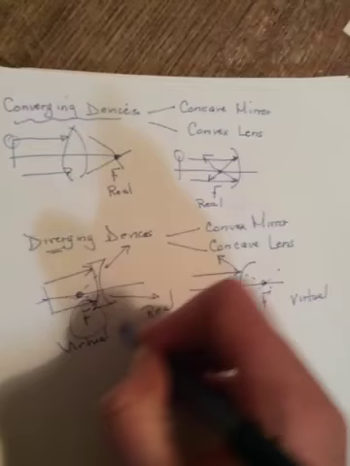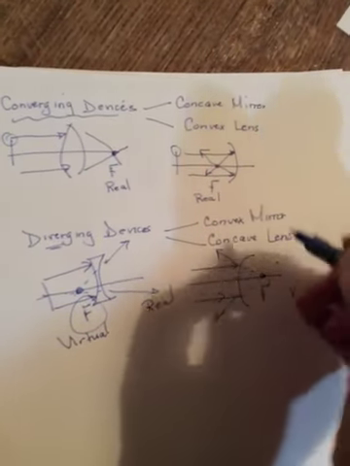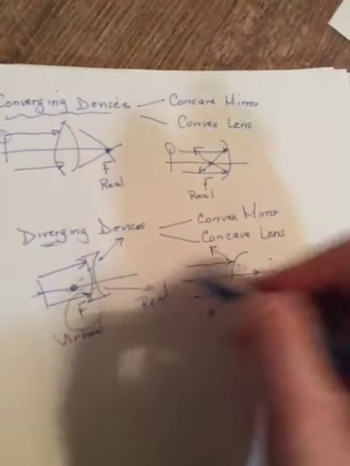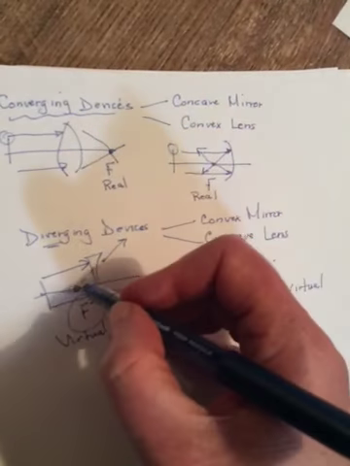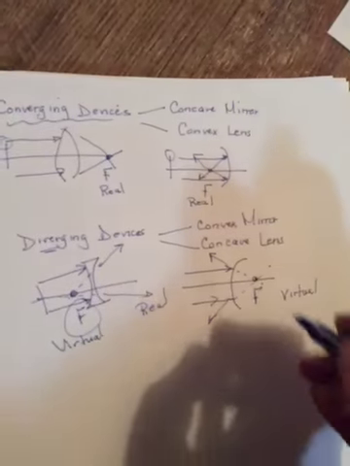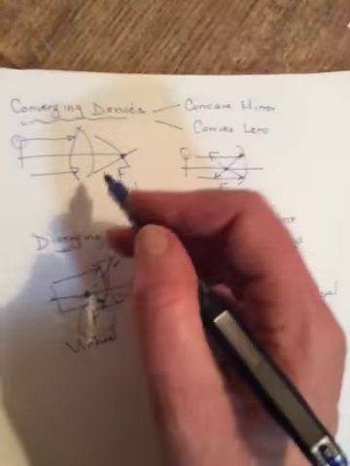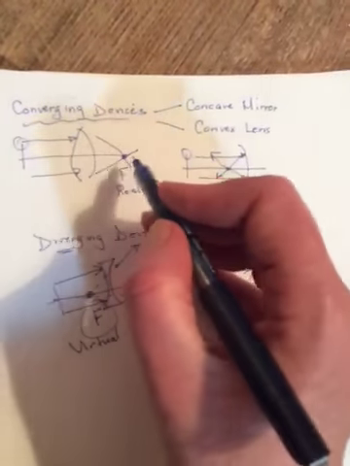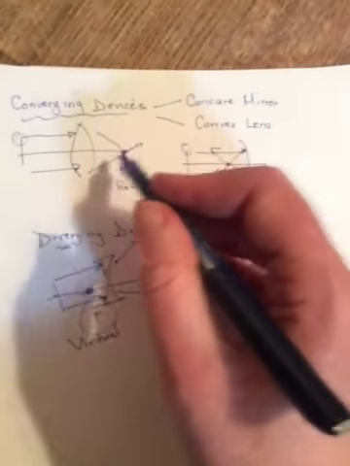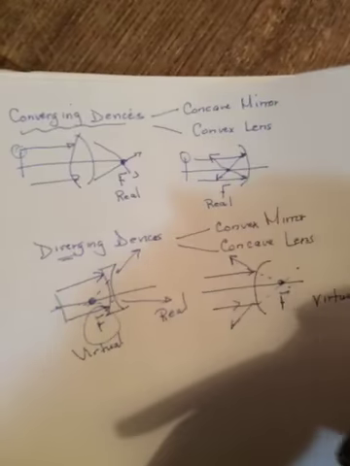So the F for convex mirrors and concave lenses is always negative. With diverging devices, you have to follow the refracted or reflected rays back to see where they're going to cross, and they'll cross at F. The dotted lines mean I'm following them back; they're not really there. Whereas up here, they really, honest to goodness, do cross at F. They really cross, and so this is the real side.